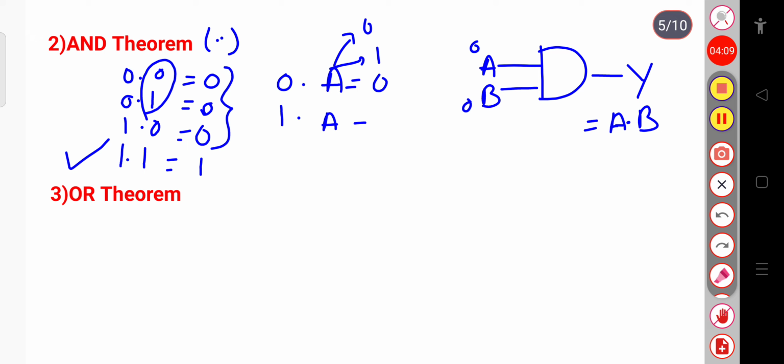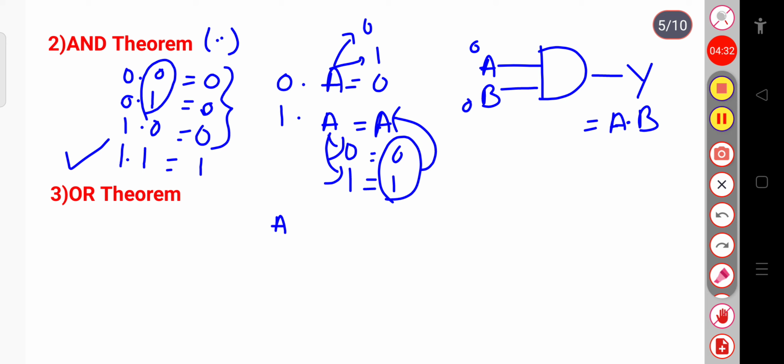It depends on A. If A is 0, then 1 into 0 is 0. If A is 1, then 1 into 1 becomes 1. That is why we write 1 into A equal to A. Similarly, what will be the value of A into A? A into A is nothing but A, because if we put 1 here and 1 here, you get 1.